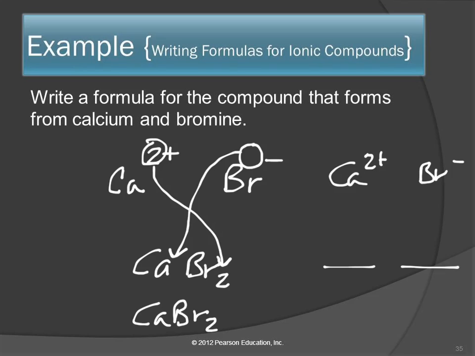And we just keep a running total down here. Here we've got +2 and -1. Those are not balanced. We need more of the negative ones. So let's put another one of these in. Now we've got 2 negative ones, that's -2. Oh, great, we're done. There's 1 calcium and 2 bromines. So CaBr2. Any questions?